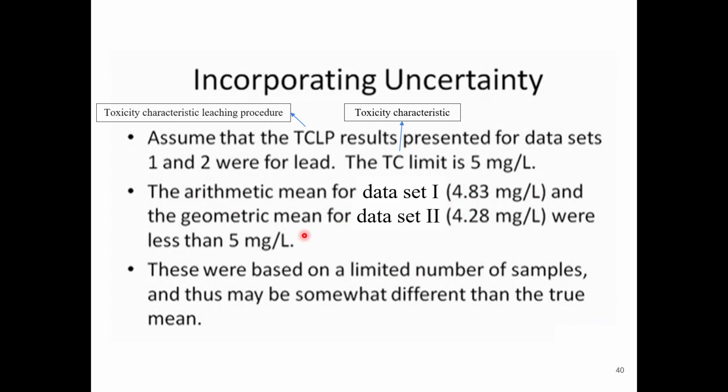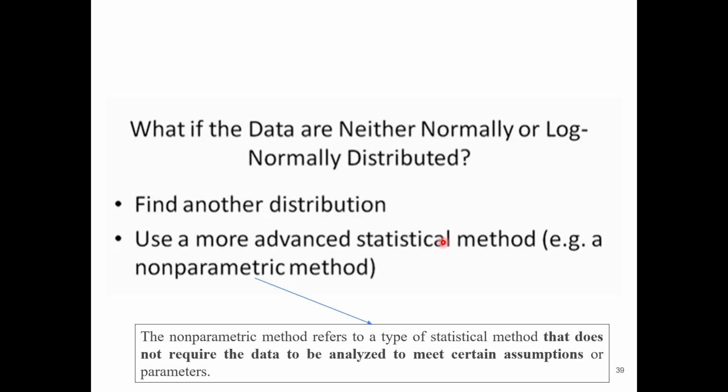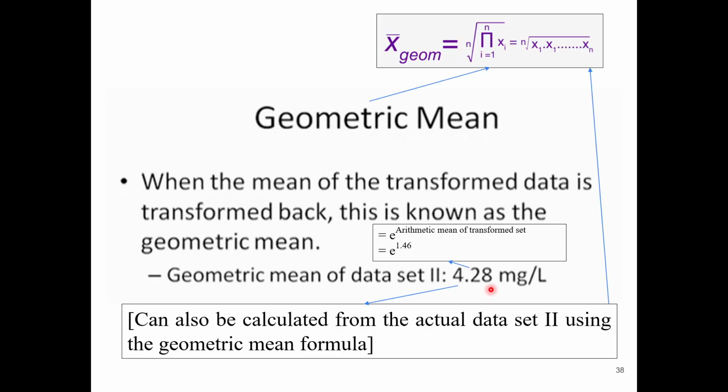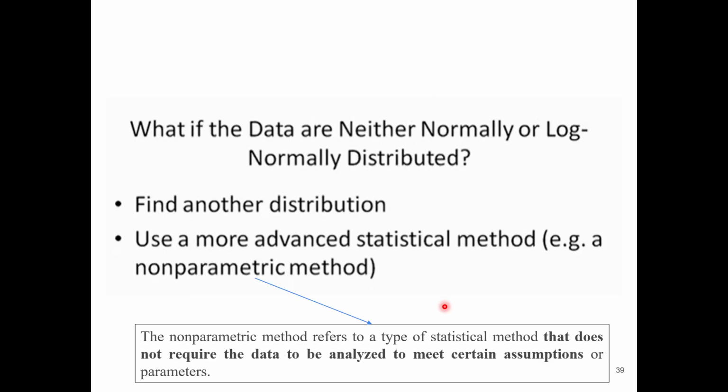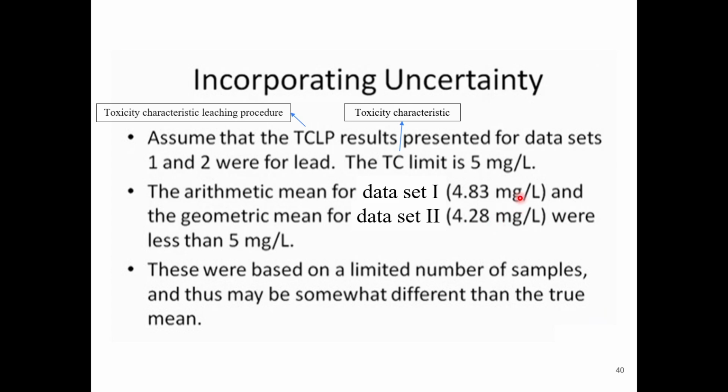For dataset 2, the arithmetic mean of the transformed values, transformed back, was basically equal to the geometric mean, and that was 4.28 milligram per liter. So both values, 4.83 and 4.28 milligram per liter, are less than 5 milligram per liter.